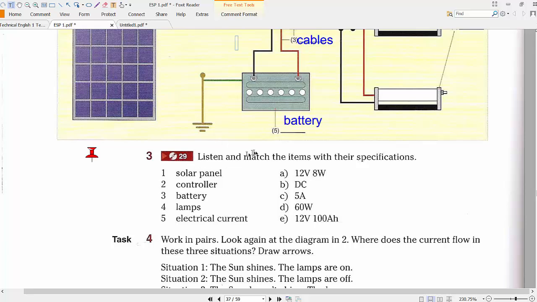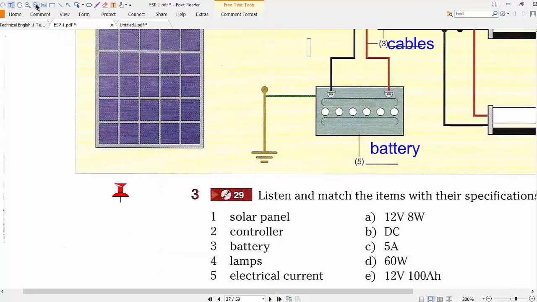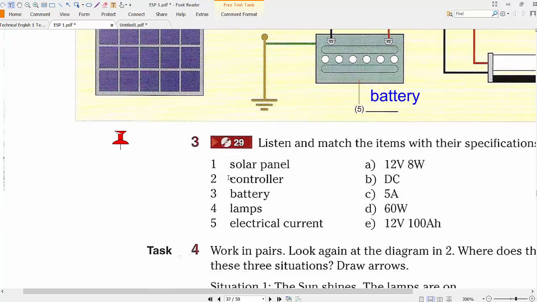Three, listen and match the items with their specifications. مواصفات. Number 1, solar panel, controller, battery, lamps, electrical current. Current. التيار. التيار الكهربائي.